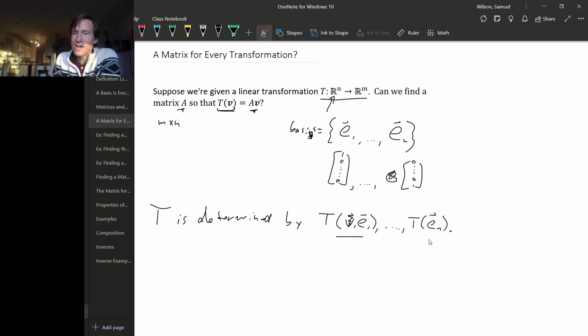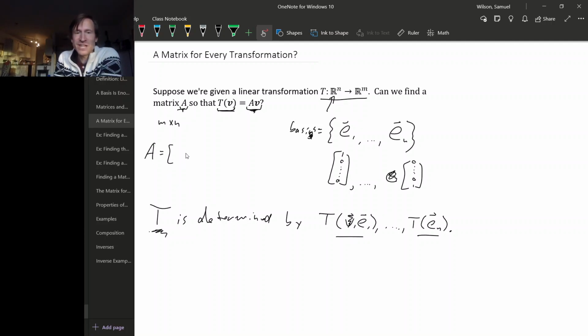So knowing these vectors is enough to determine what linear transformation we're talking about. Well, if we're trying to find a matrix A that mimics or produces this linear transformation, we should see what A does, right? We're hoping that A provides a formula for T by matrix multiplication. We know what T does to these standard basis vectors. So let's see what A does to these standard basis vectors.